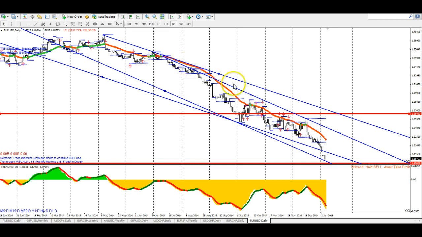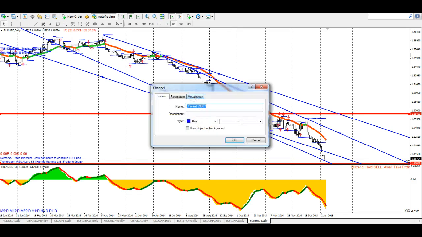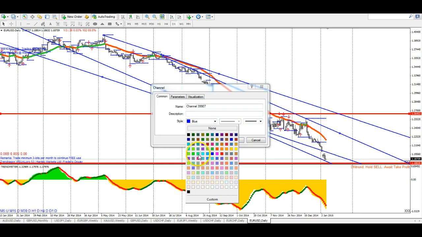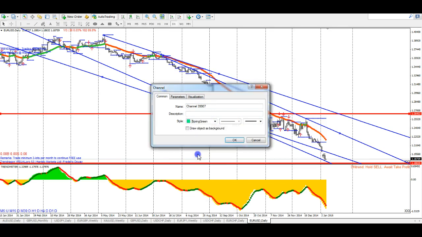And this one here is actually an acceleration, and what I'll do is I'm going to change the color of it so we can actually see it better. I put it a bit higher.